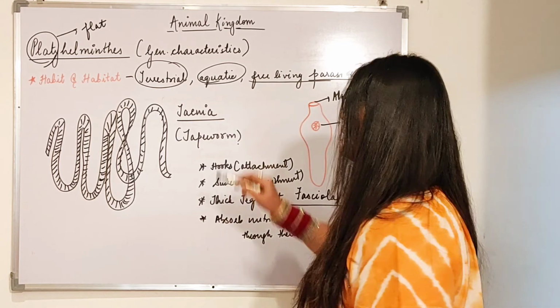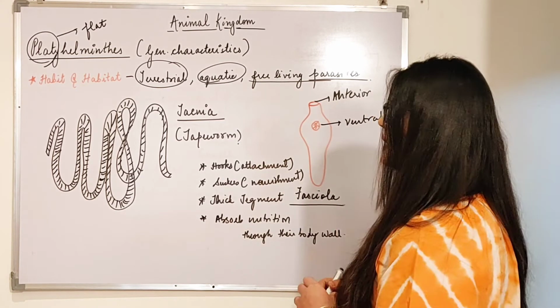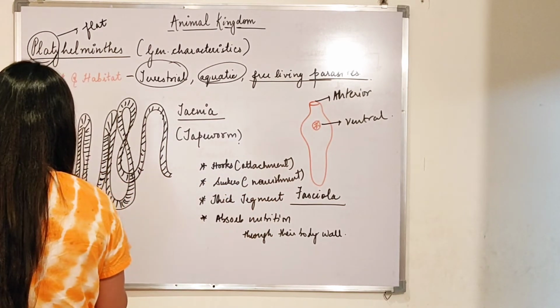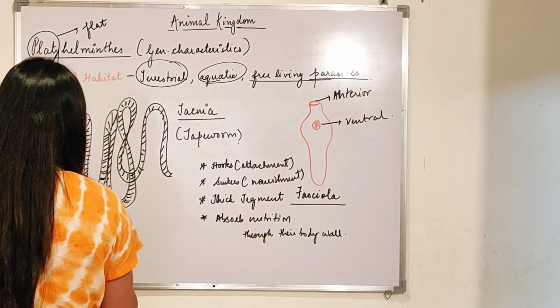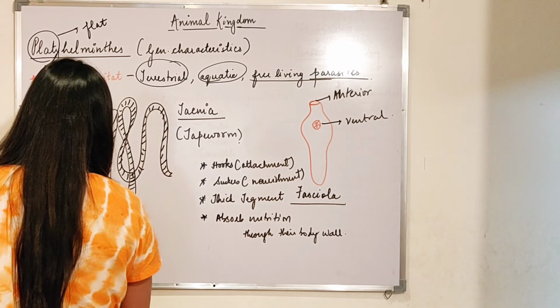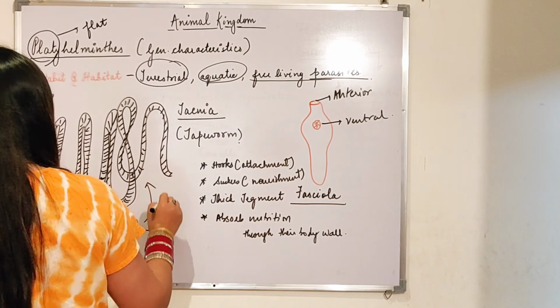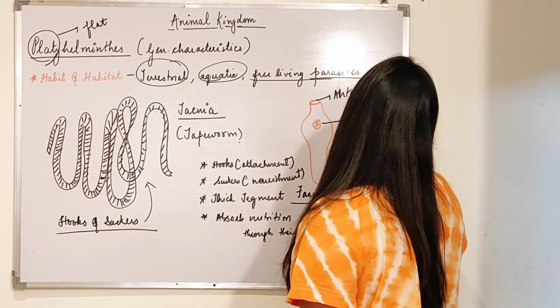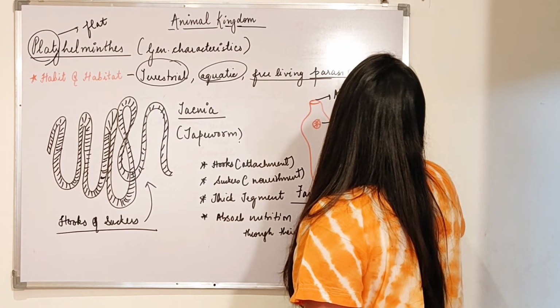Now, Taenia, tapeworm. What features are present in this, beta? It has hooks and suckers both. Both are present here in Taenia. And fasciola has the ventral sucker and the anterior sucker.